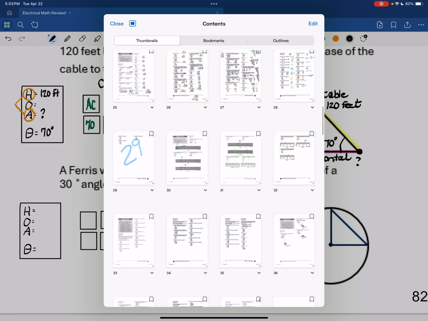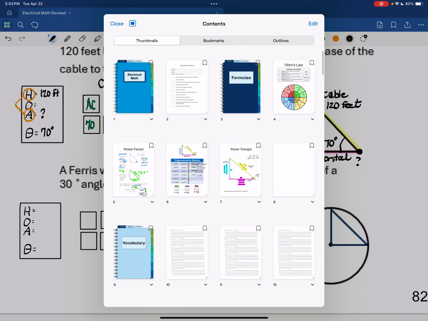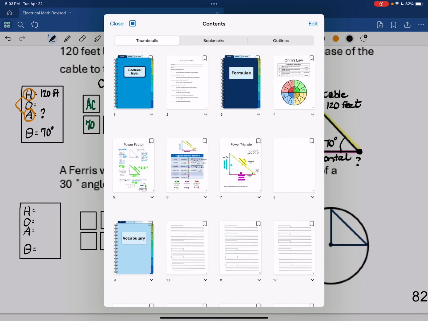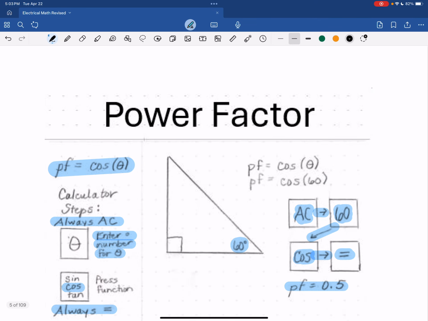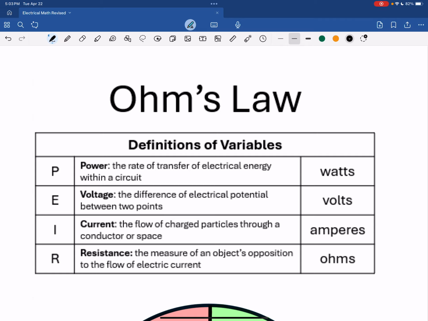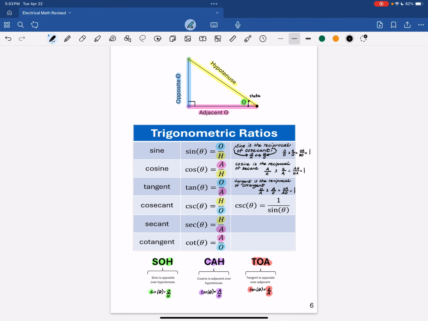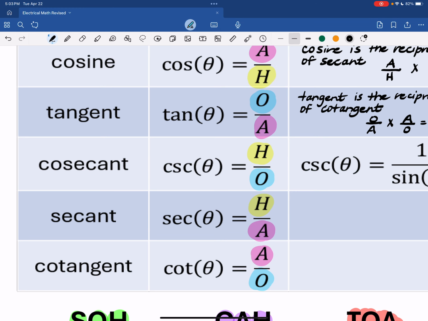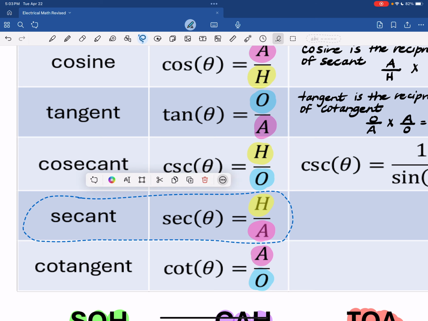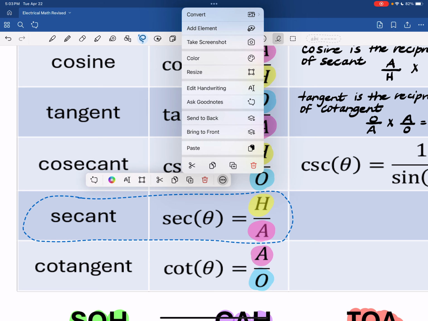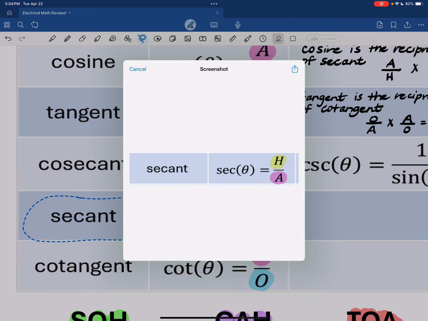If you go back to page 6, you're seeing behind the scenes of my notes. That is not page 6. Here we go. We're looking at secant, and I'm going to take a screenshot of this and copy that.